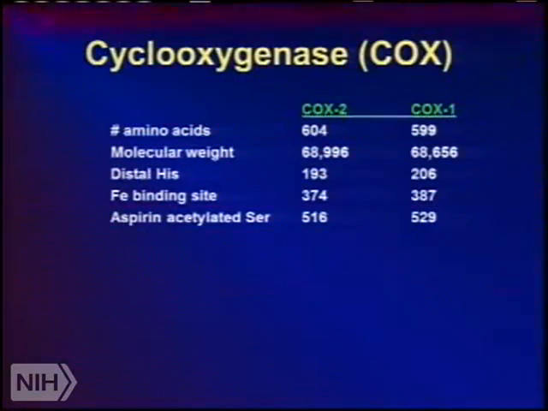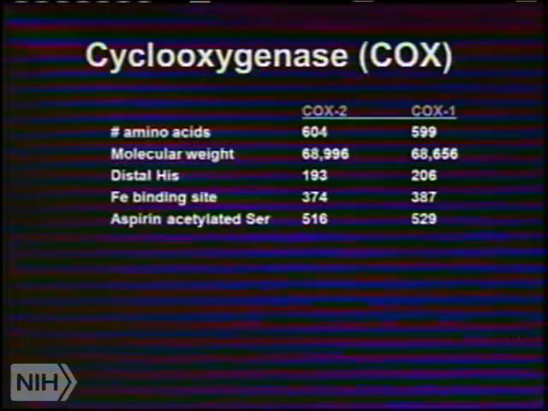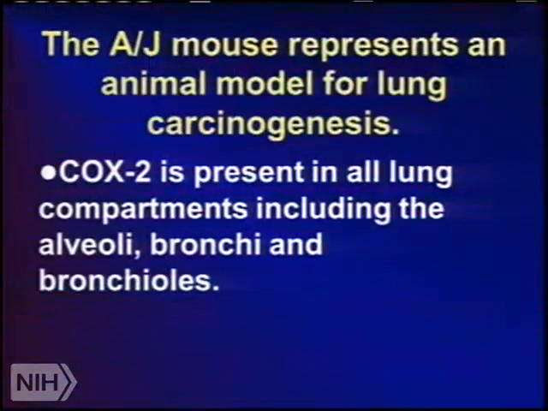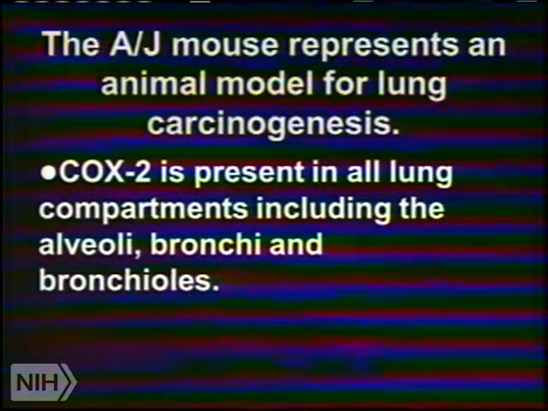A histidine interacts with the heme and anchors it to the protein. Aspirin can irreversibly acetylate a serine residue and inactivate the enzymes. But COX-2 is turned over very quickly. It can be made very quickly, and it can be degraded very quickly.